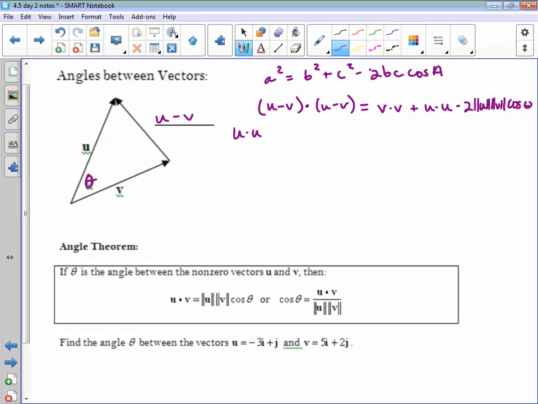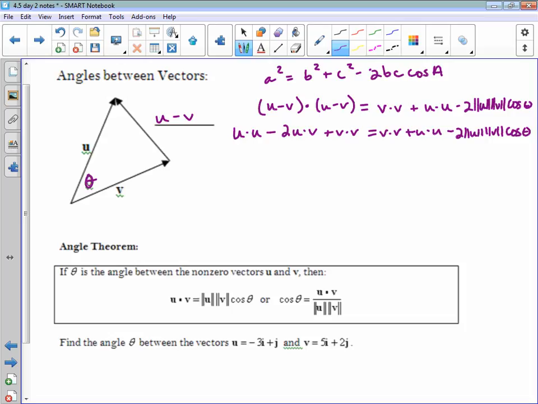So if I multiply this out, I'd have u dot u, I'd have minus 2u dot v, and I'd have plus v dot v on this side, right? Think about dot product as back to just multiplication.